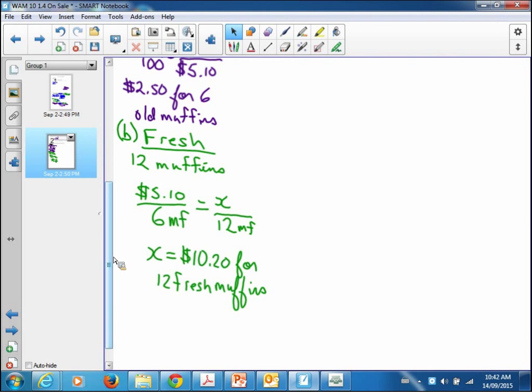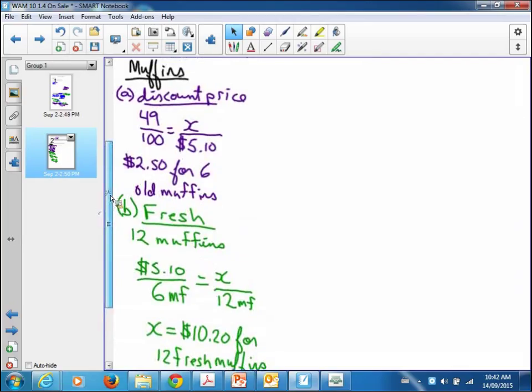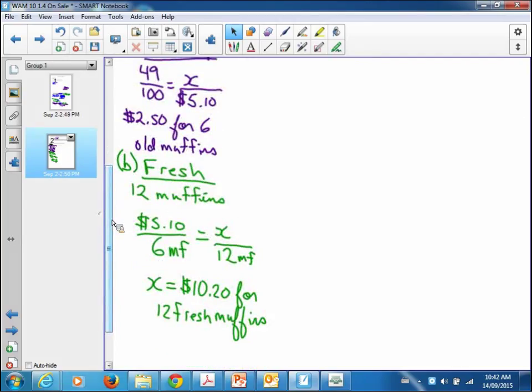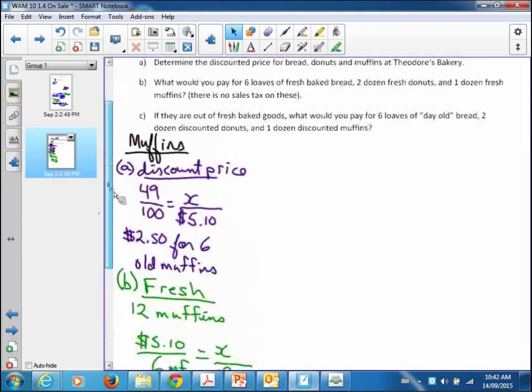Then the last problem, I'm going to wait for a second. Then we'll go through the last problem in a second. Okay, the last problem is they're out of fresh.